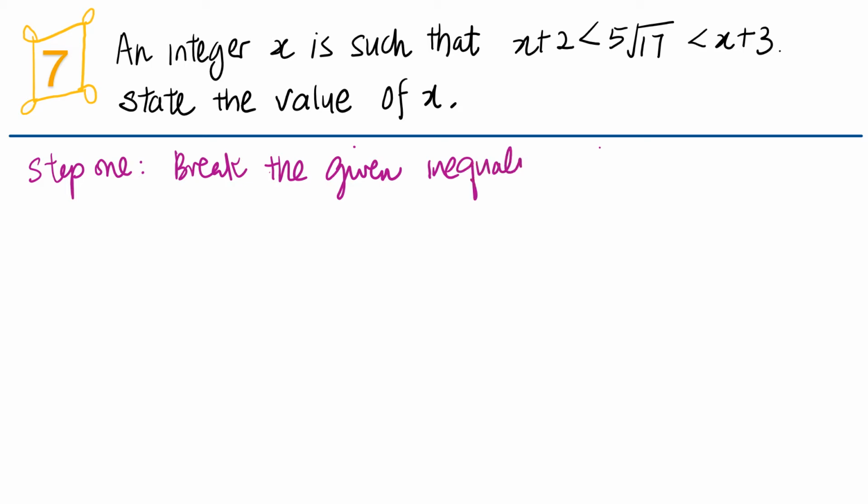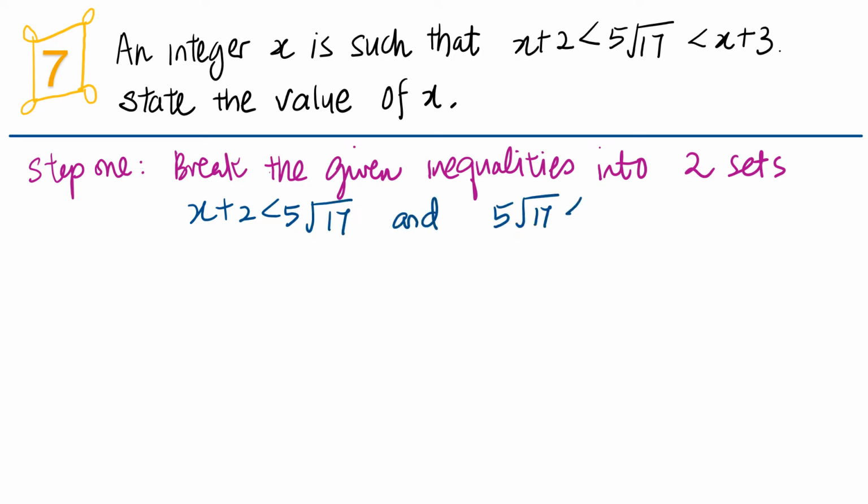Step number 1, we're going to break the given inequalities into two sets. You can rewrite it as x plus 2 less than 5 square root 17 and 5 square root 17 less than x plus 3. And we are going to solve both inequalities separately.